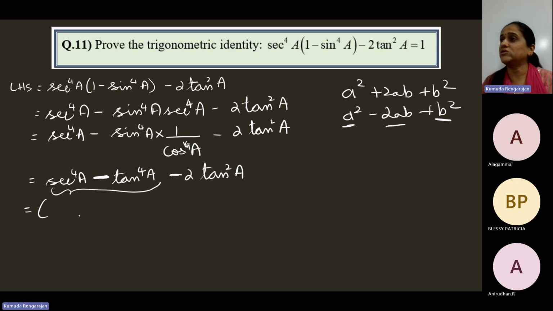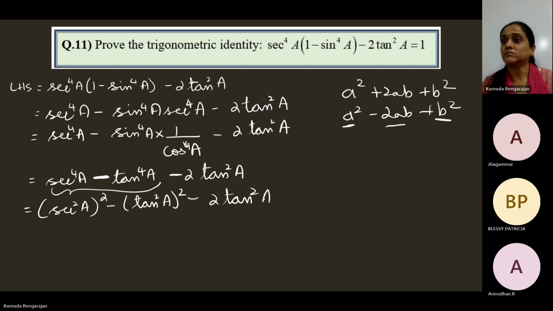We'll write this as a difference of two squares. Okay, so secant square A the whole square minus tan square A the whole square minus 2 tan square A. So a square minus b square is a plus b into a minus b.